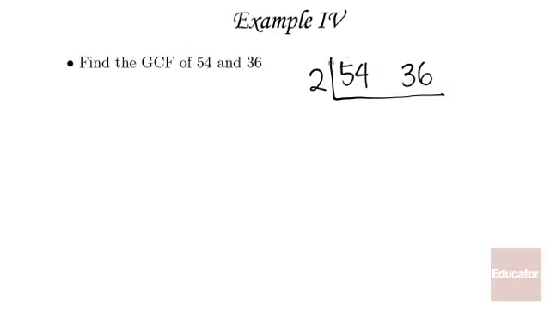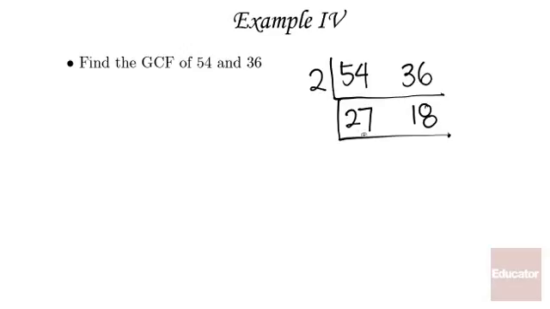Now, 54 divided by 2 is 27, and 36 divided by 2 is 18. Now, for this one, if you pull out another common factor, you'll still get the same answer. So, for example, a 6 goes into both of these numbers. If you take out a 6, then your numbers are going to be different than mine, but we'll still get the same answer.